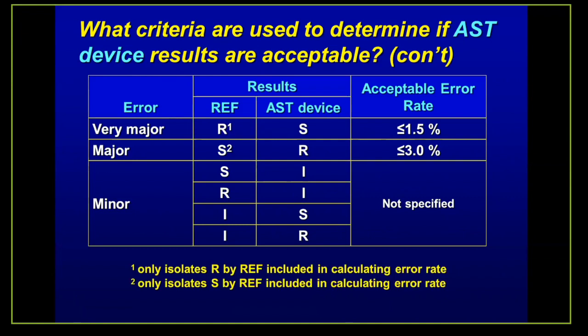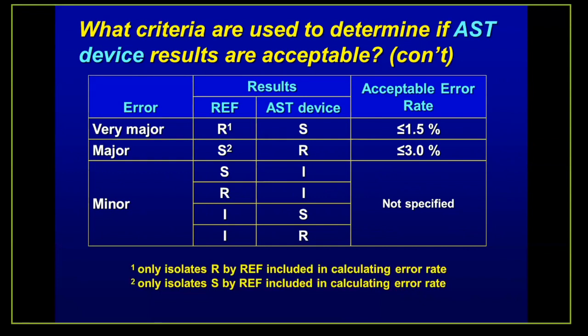Very major errors are defined when we had a resistant result with the reference method and a susceptible result with the AST device. The acceptable error rate for very major errors should be less than or equal to 1.5%.